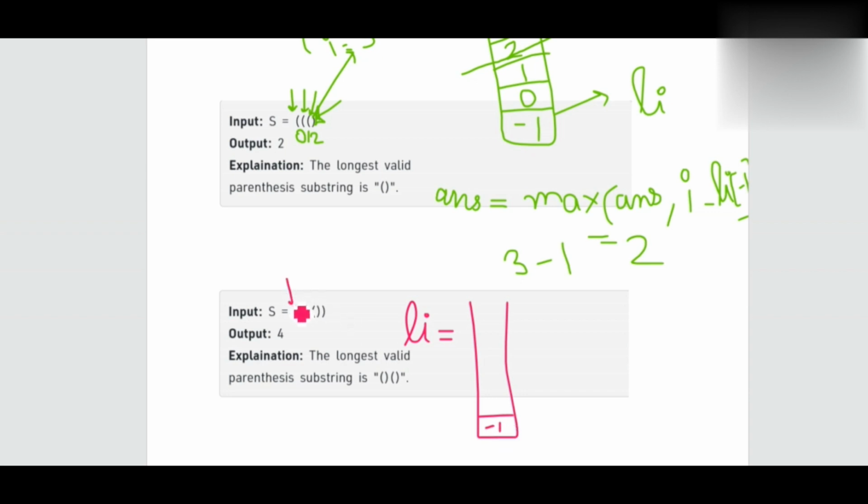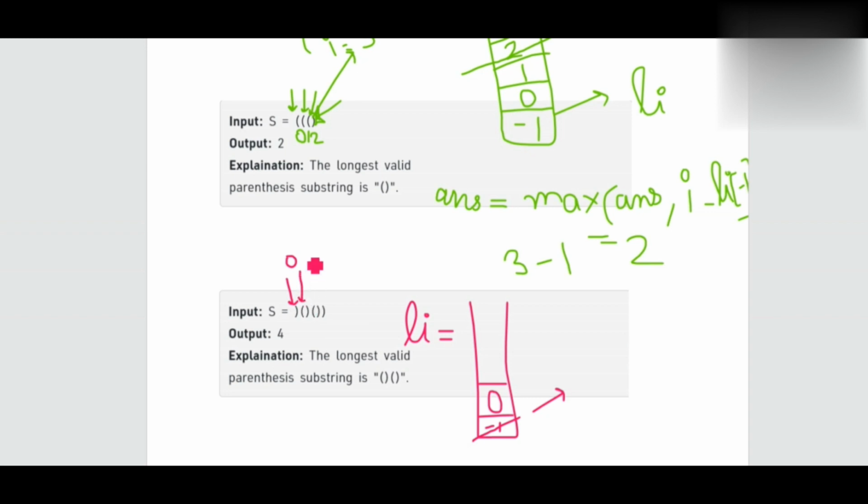At index 0 we encounter a closing brace, so we will pop this, and now we check if the length of li is equal to 0. The length is 0, so we will append the index i. The value of i is 0, so we will insert 0 in this li.